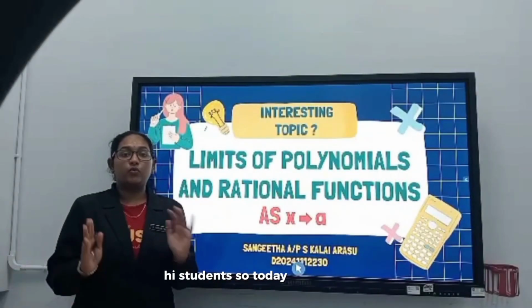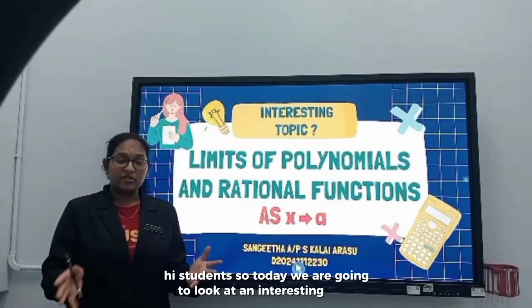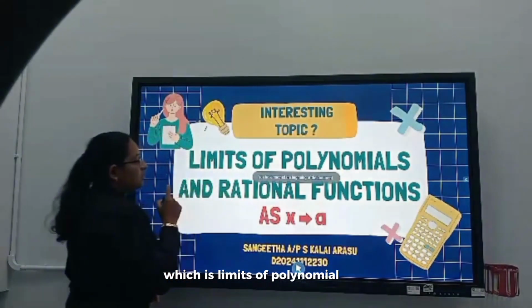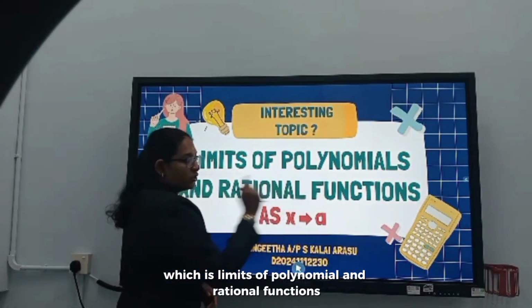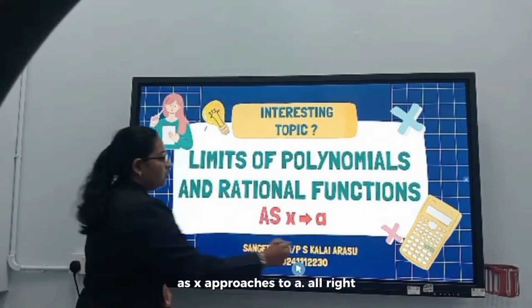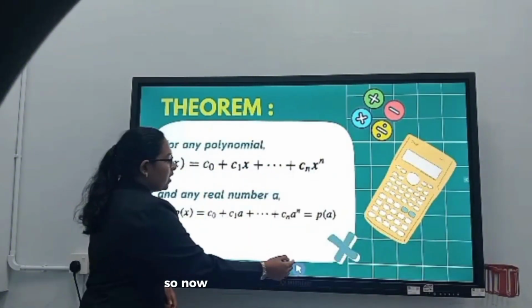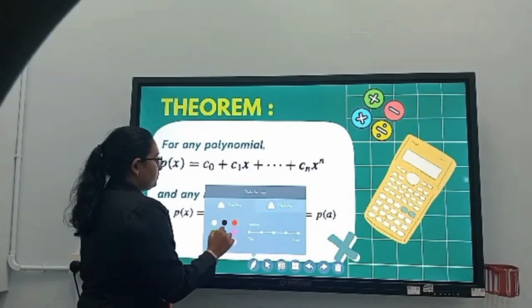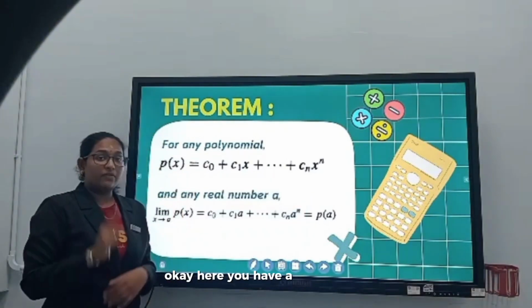Hi students, today we are going to look at an interesting topic, which is limits of polynomial and rational functions as x approaches a. Now let us look at the theorem. Here we have a theorem.